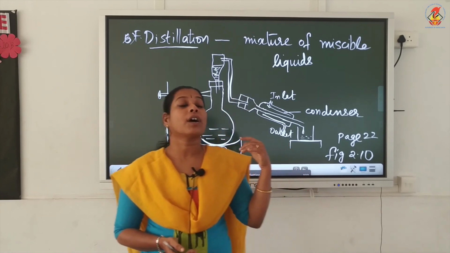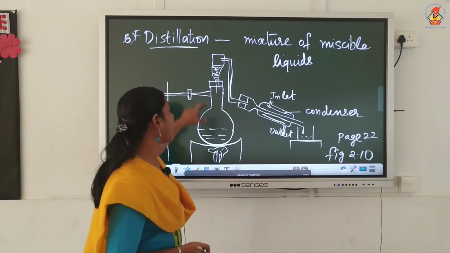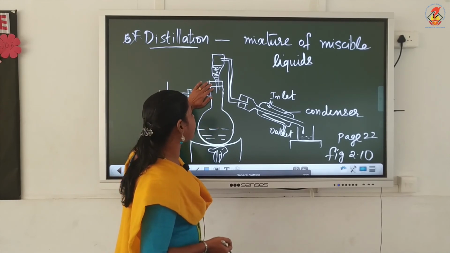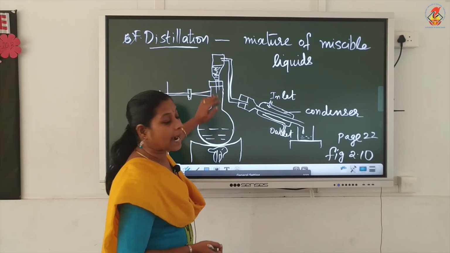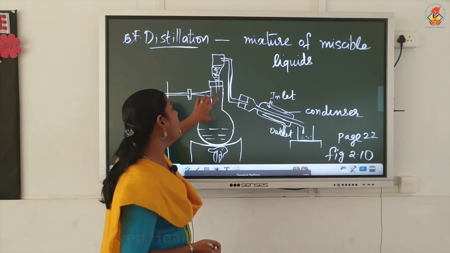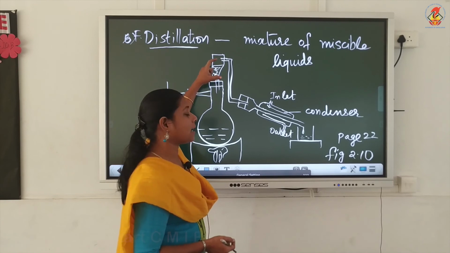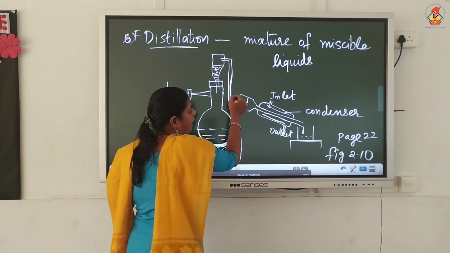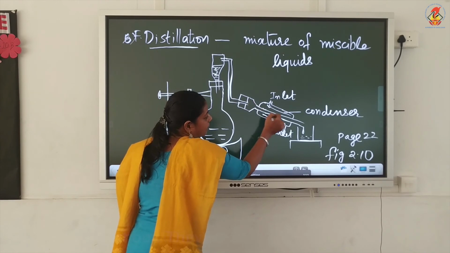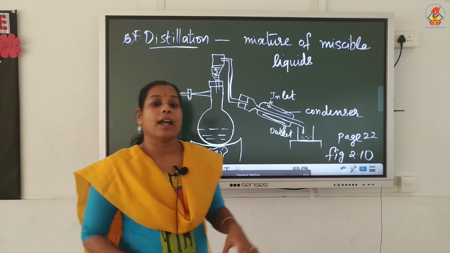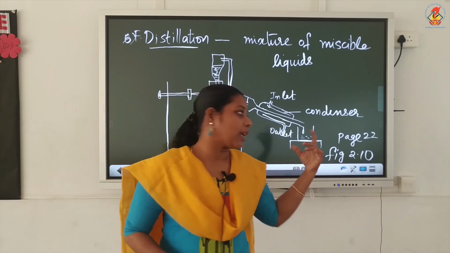Here also there is repeated heating and cooling, that means it repeatedly goes into vapor and condenses back into liquid form. So there is a 100% chance of getting one component pure, and those vapors will finally come through the condenser and be condensed to liquid form.